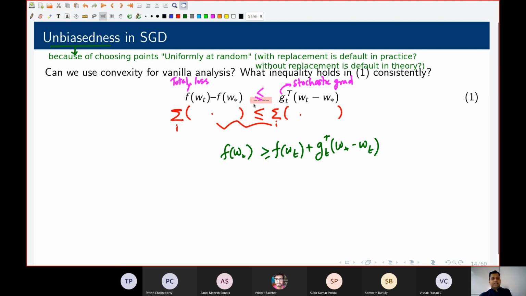So does this hold for every point consistently? It holds for the loss, for the complete loss, if GT were the complete gradient.